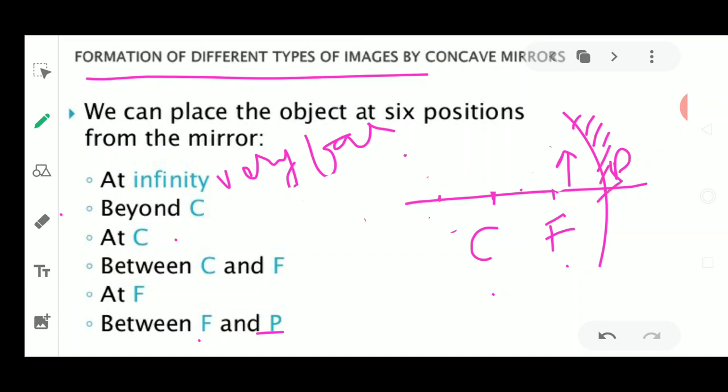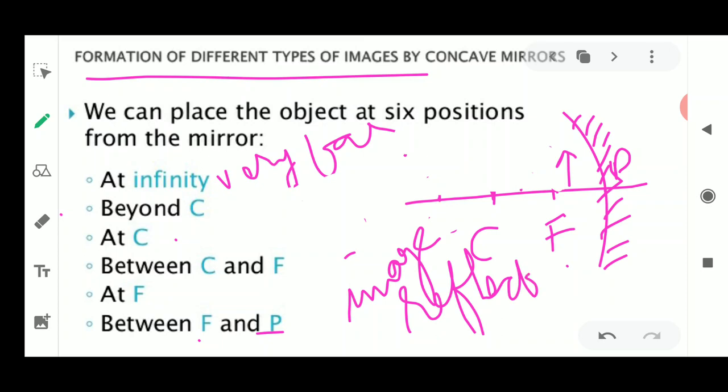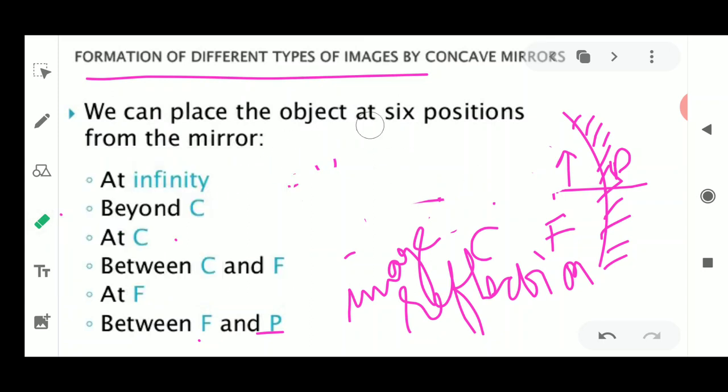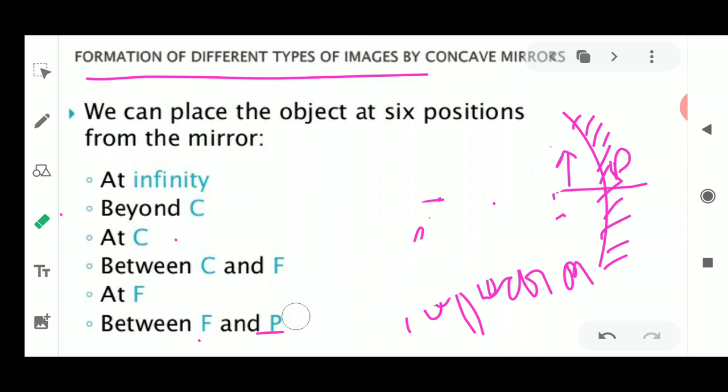So the mirror will be drawn like this. This is how the position of the object decides what kind of image will be formed after the reflection of light. Now, reflection of light, because we are using mirrors, these curved surface mirrors, especially the concave mirror.